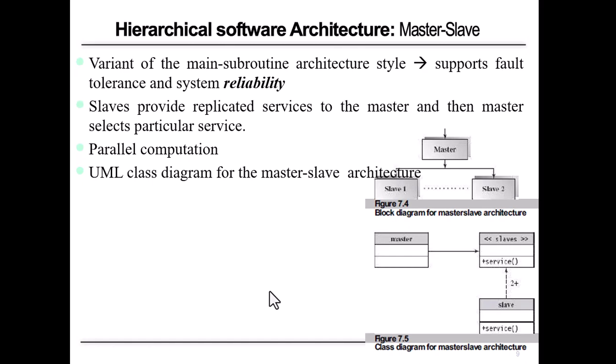The question is this: if one slave goes down, or faults occur, or a process delay occurs, the same replica slave is also doing the same thing. So this means the whole system is not affected.